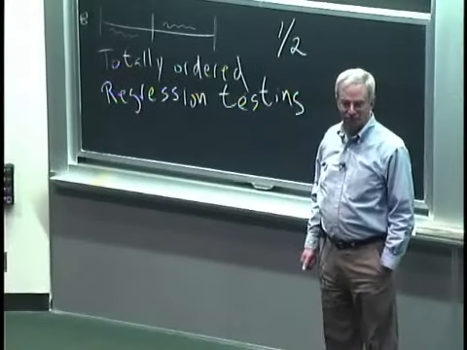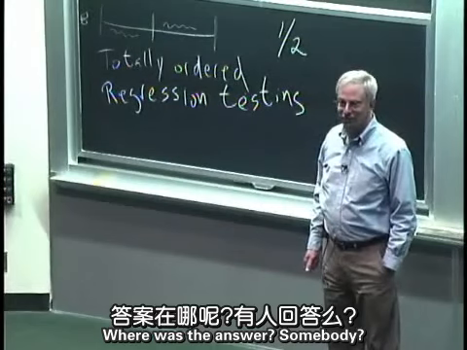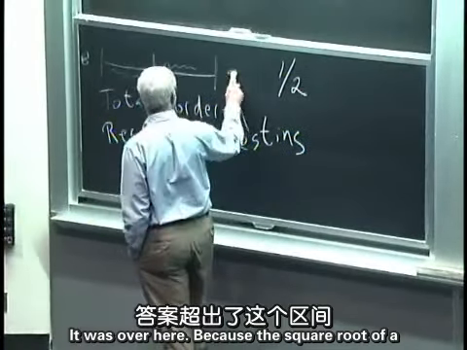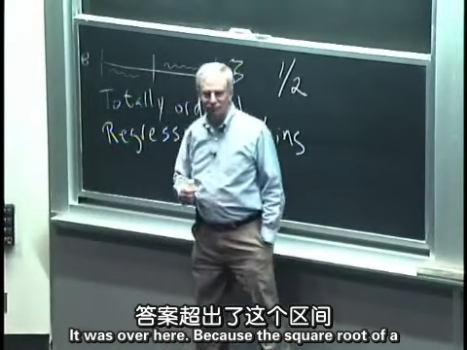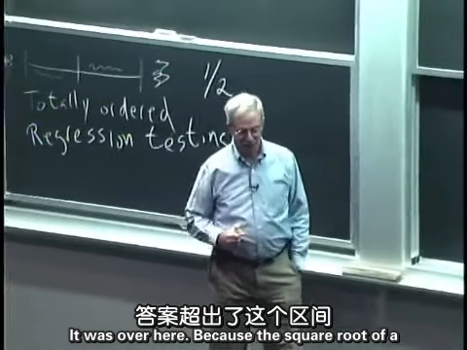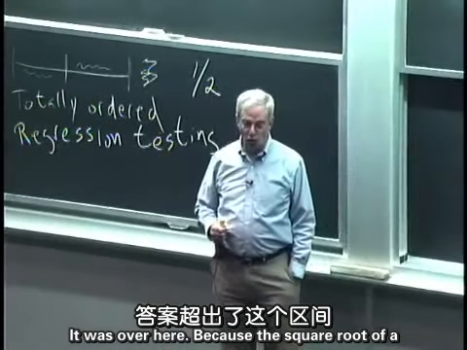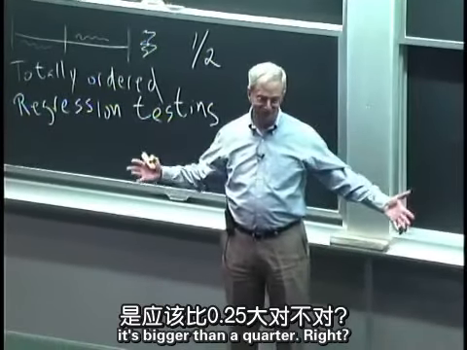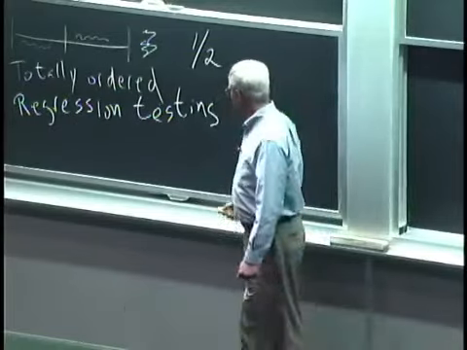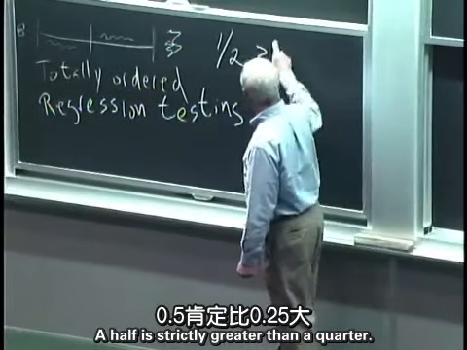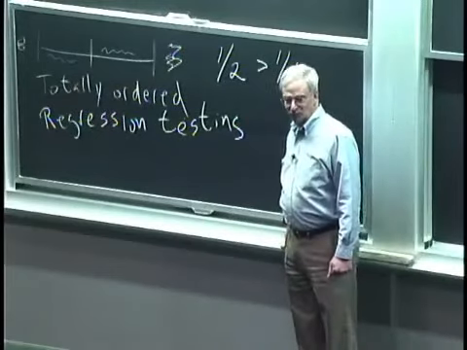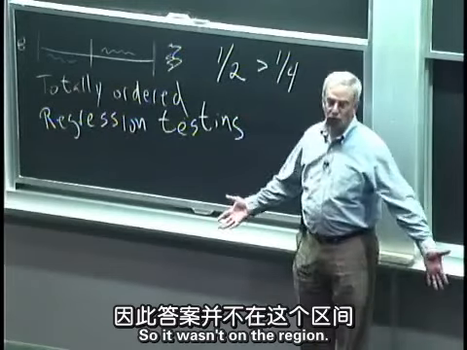Where was the answer? Somebody? It was over here. Because the square root of 1/4 is not smaller than 1/4, it's bigger than 1/4, right? 1/2 is strictly greater than 1/4. So it wasn't in the region.